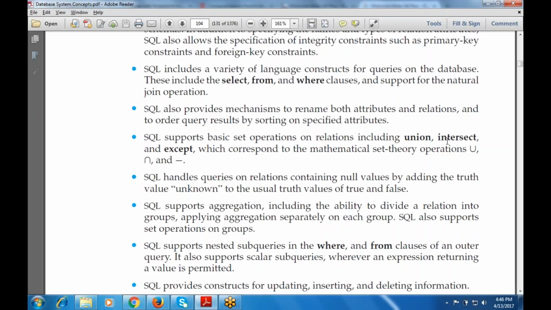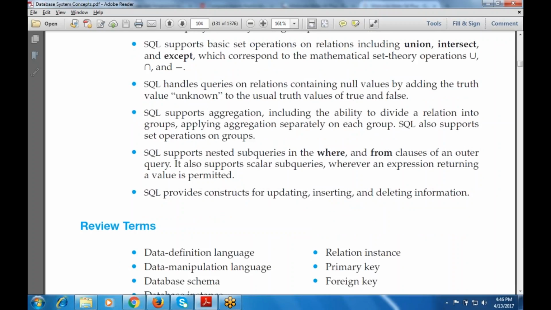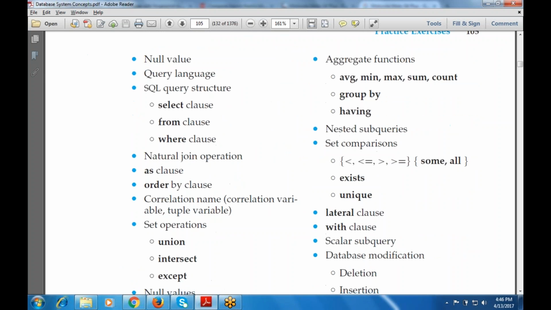SQL also supports nested subqueries in the where and from clauses of an outer query, including scalar subqueries wherever an expression returning a value is permitted. SQL also provides constructs for updating, inserting, and deleting information.